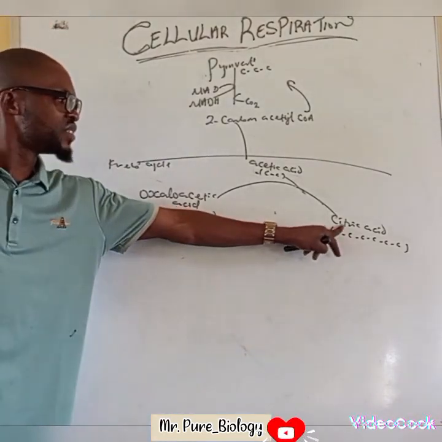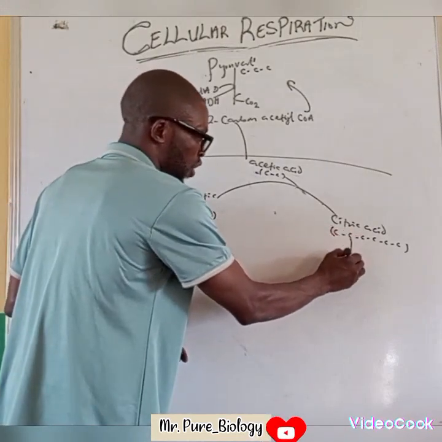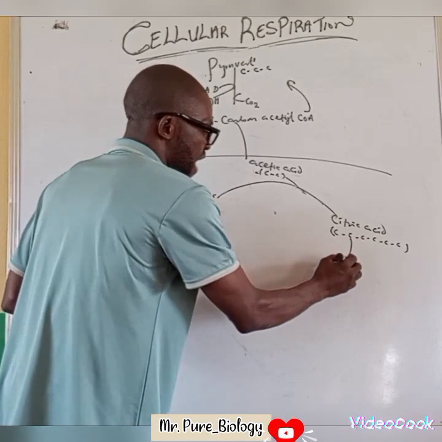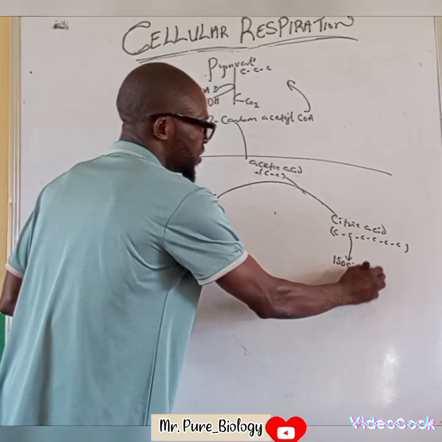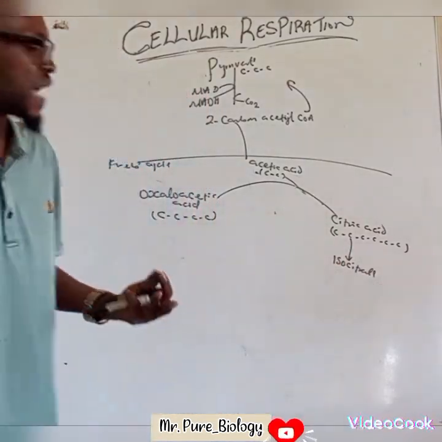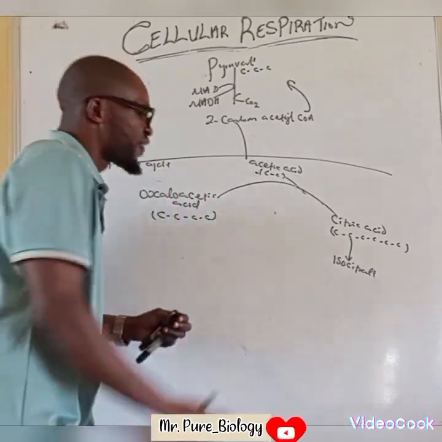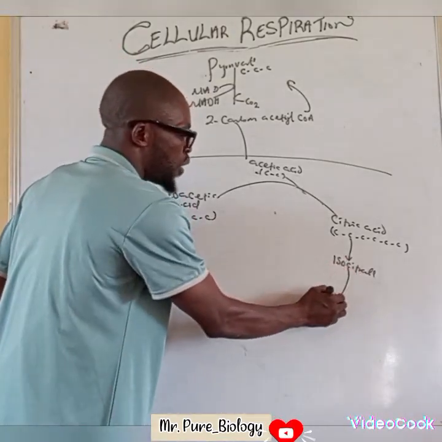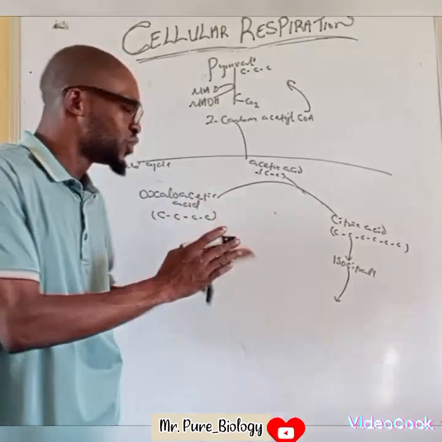As we have the citric acid, it will undergo a kind of reaction and convert to what we call isocitrate. The enzyme that manages that is isocitrase. From the isocitrate, there will be removal of an atom of hydrogen by our common hydrogen acceptor.